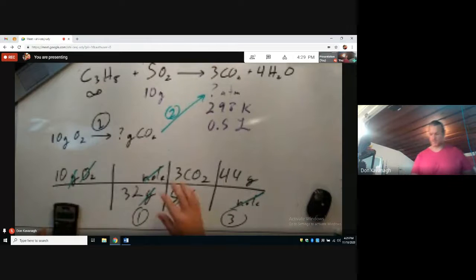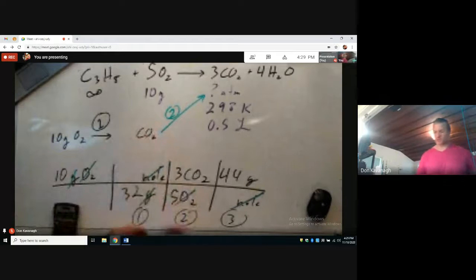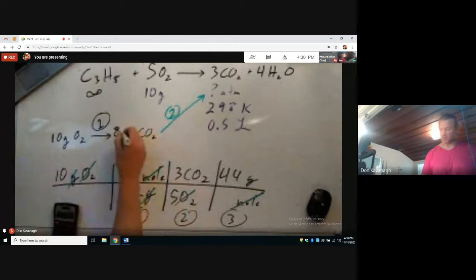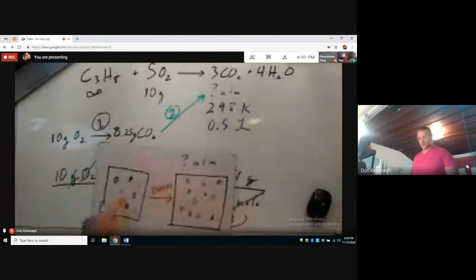I'm getting 8.25 grams of CO2 could be produced. So if we start with 10 grams of O2, we would have 8.25 grams of CO2 produced.